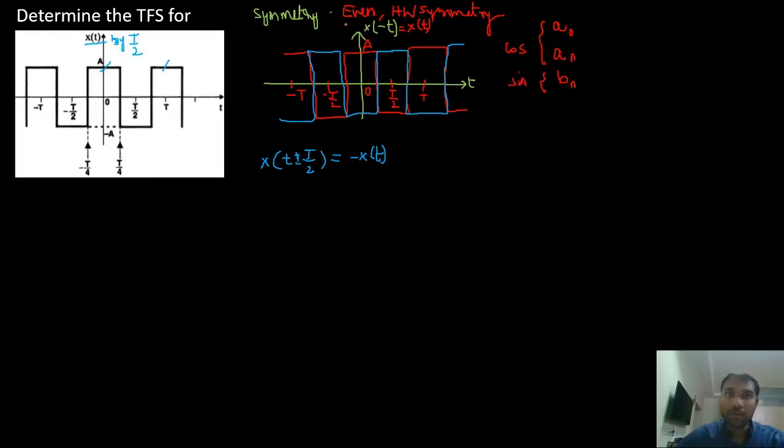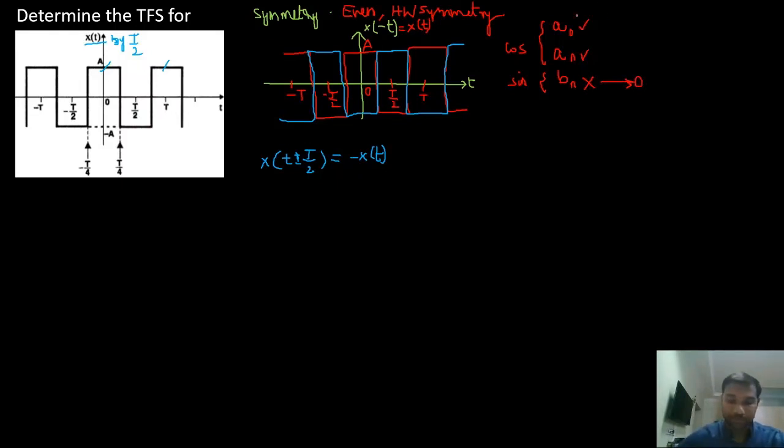Now we have already found the signal has even symmetry. Even symmetry means A0 and An will exist, Bn does not exist, so Bn goes to 0.